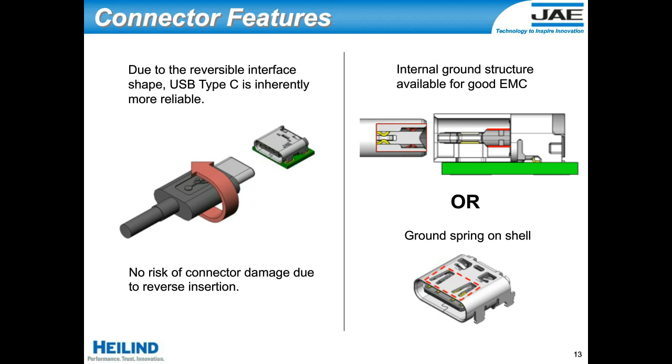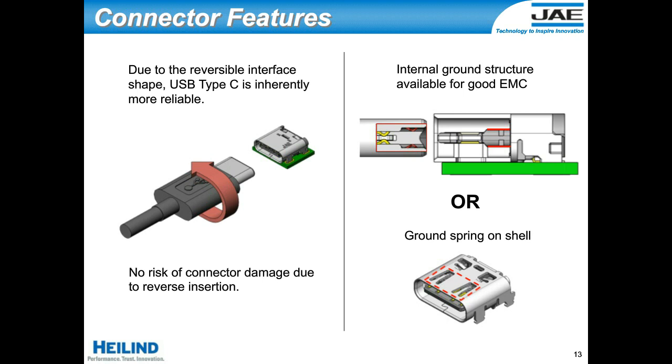Of course, this helps to provide a much better user experience since there's less frustration when trying to make the connection. If you're accidentally trying to make the connector upside down, obviously the connectors won't mate properly. However, from a manufacturing and design standpoint, this also really helps to minimize the risk of damaging the connector when the user does try to make the connection upside down.